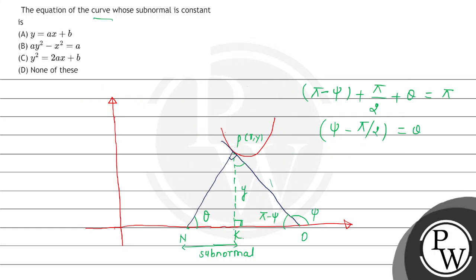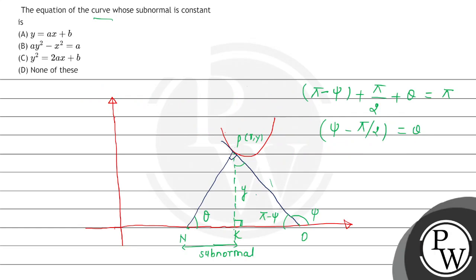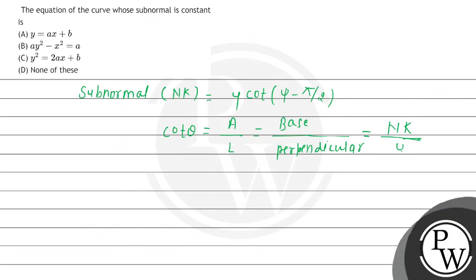The base is NK, so we have put NK here, and the perpendicular is y, so we have put y here. So the value of NK will be y cot theta.